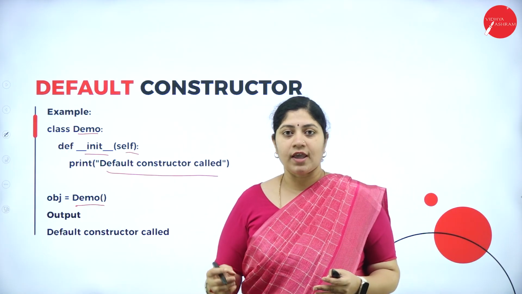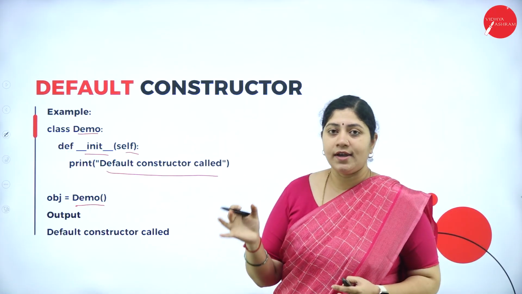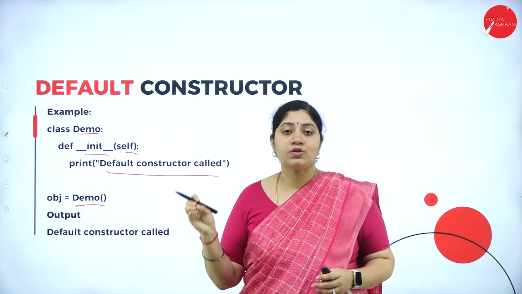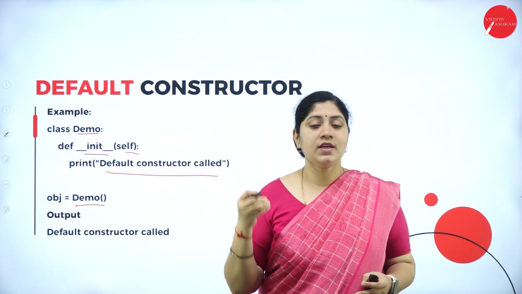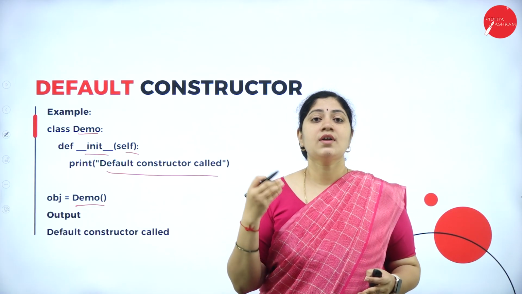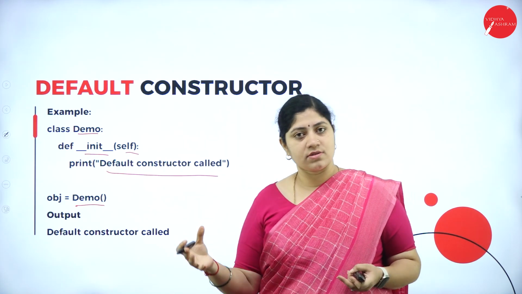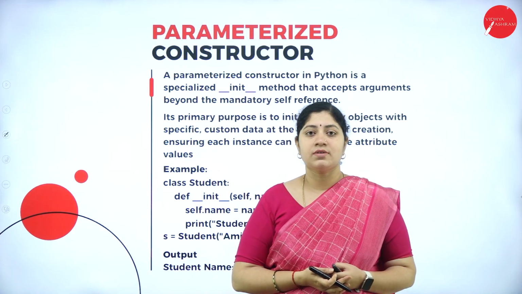So in this way, if an object is created without any values, then the system itself automatically initiates the values by default, and it is none other than a default constructor. Clear? Let's move ahead with the parameterized constructor.